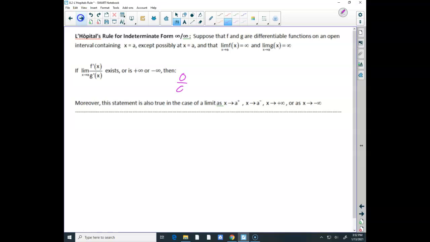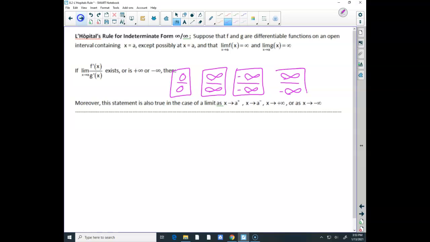So if you ever run into that, L'Hopital's rule applies. Any form of infinity over infinity or 0 over 0, those were the ones that made us hunt more and look for the limit and find it, okay?